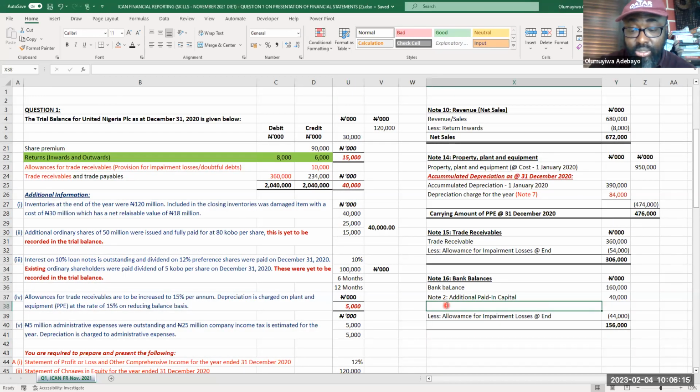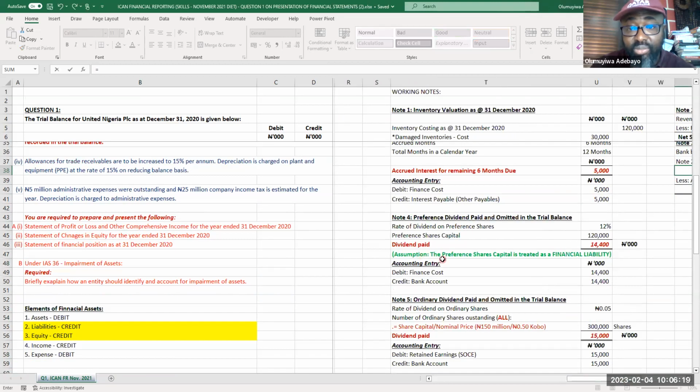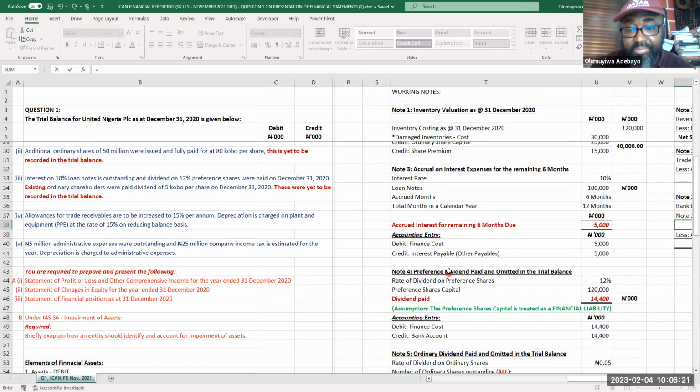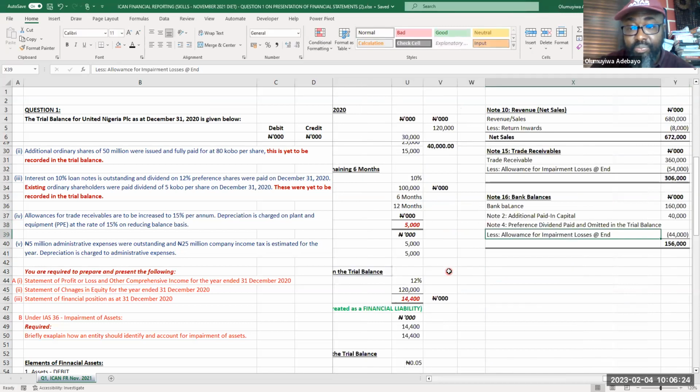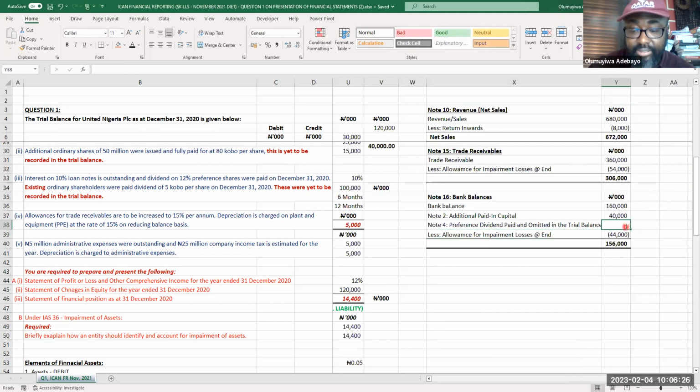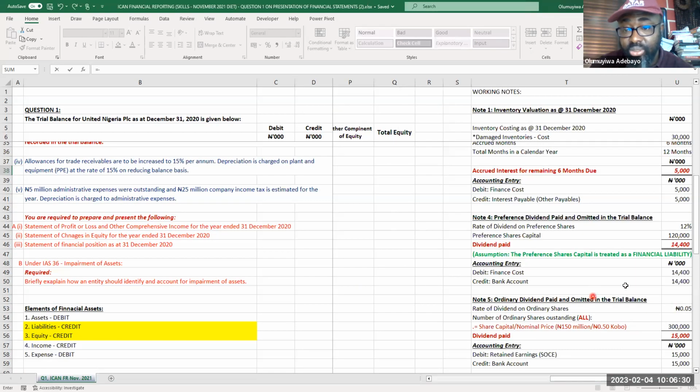2, in note 4, we paid preference share, 14.4, which we said we should deduct from our bank. Can you see it here?